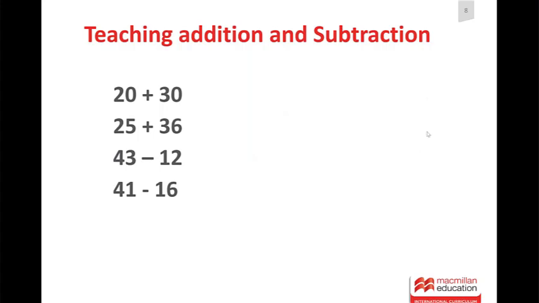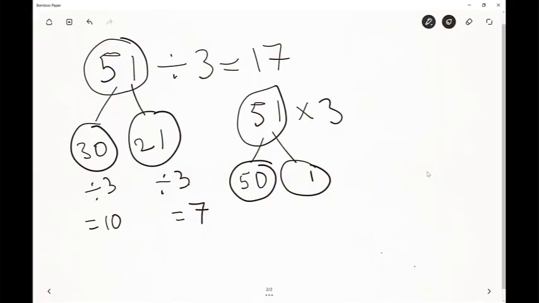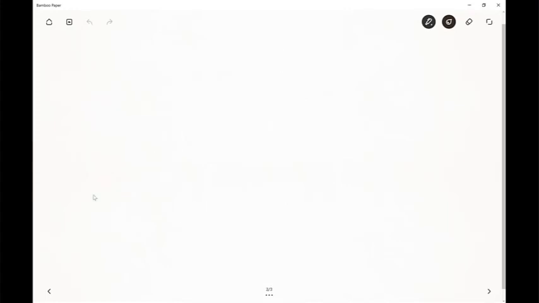Suddenly gone. So I'm just going to go to another app of mine. So I'll use this one. Okay, so let's see. I think it was 43 take away 12 as the first question we look at. So let's look at 43 take away 12. Hopefully your screen will catch up. There you go.